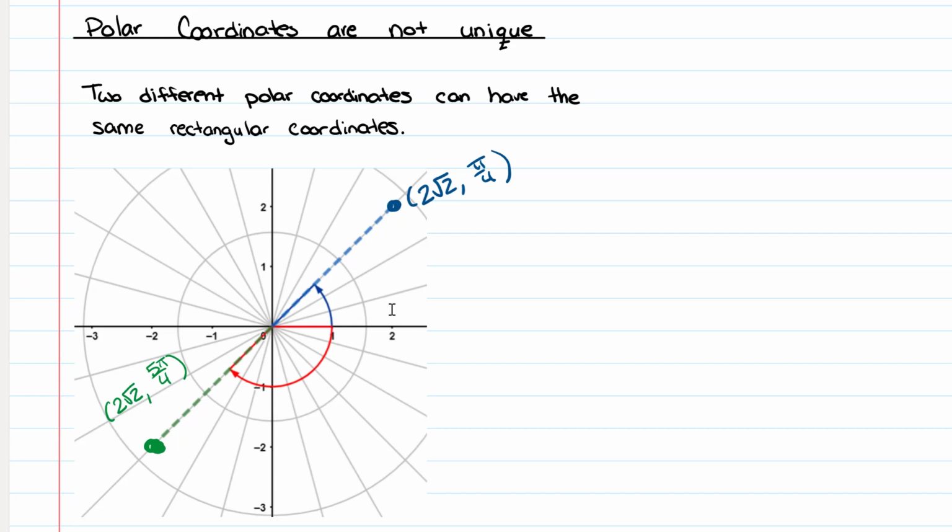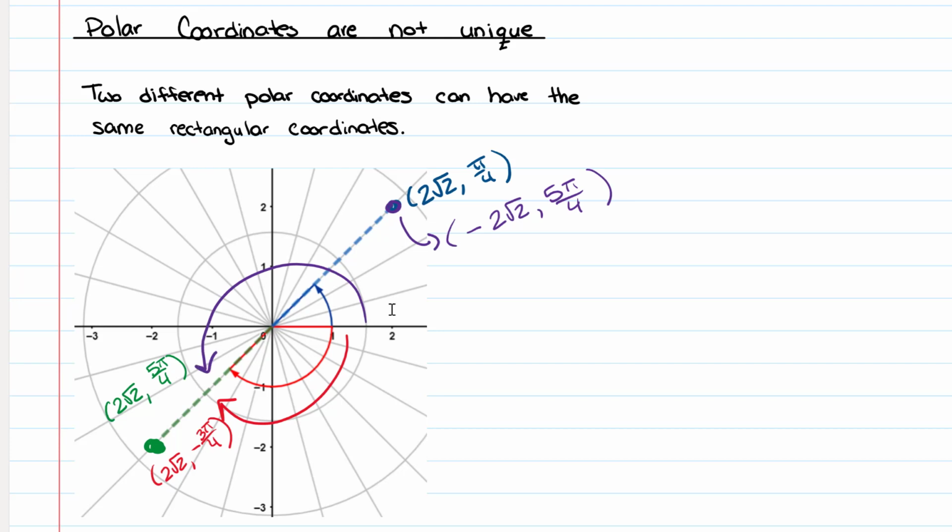If I go the opposite direction, this way, this point is also (2 radical 2, negative 3 pi over 4). And I could also call this point here (negative 2 radical 2, 5 pi over 4), because I go 5 pi over 4 and then I go backwards. So there are lots of different ways that you can get the same point on a polar grid using different coordinates.